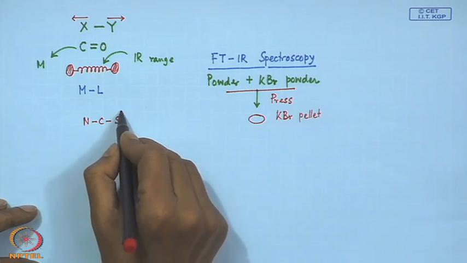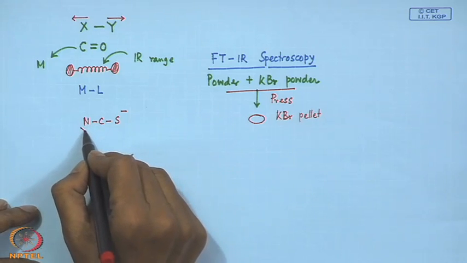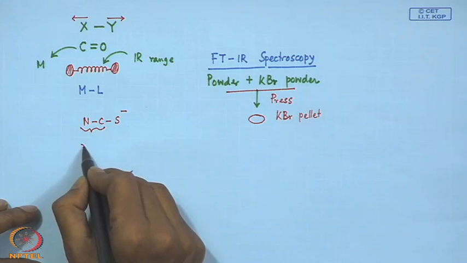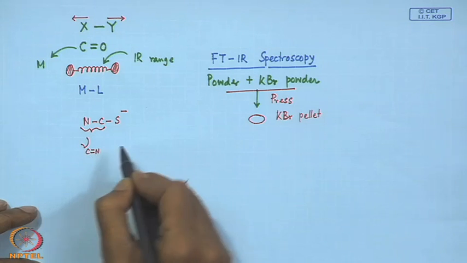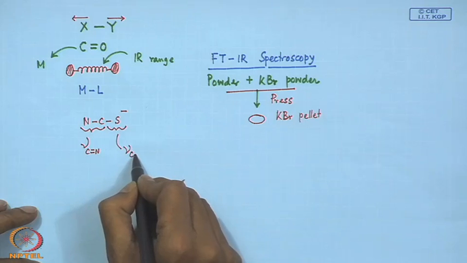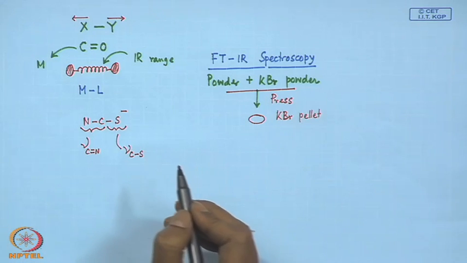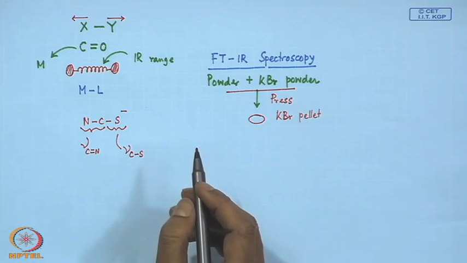So, when NCS, the thiocyanate anion, is binding to iron, we can have the corresponding stretching frequency for C double bond or triple bond N as well as the stretching frequency for CS. So, these are the two characteristic stretching frequencies present.